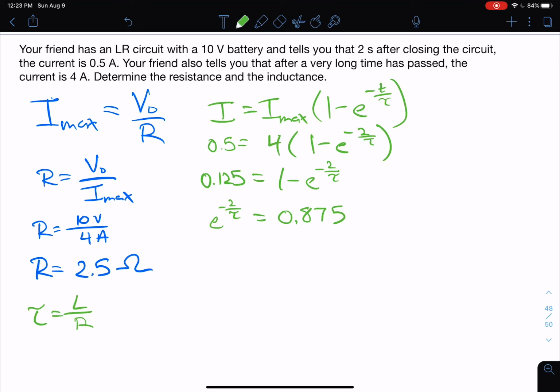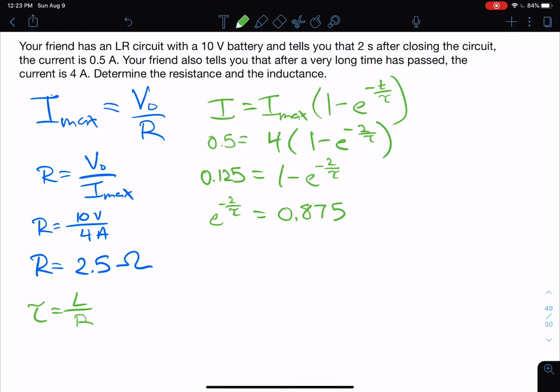Take the natural log of both sides. If I do that, all I get on the left side is the power, negative 2 over tau. And this is the natural log of 0.875. I'm solving for tau, so this is going to be negative 2 over the natural log of 0.875.